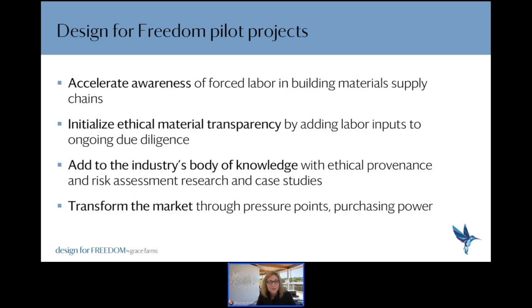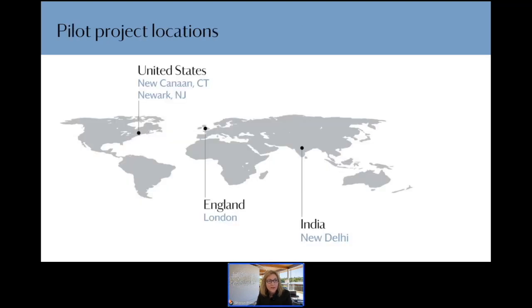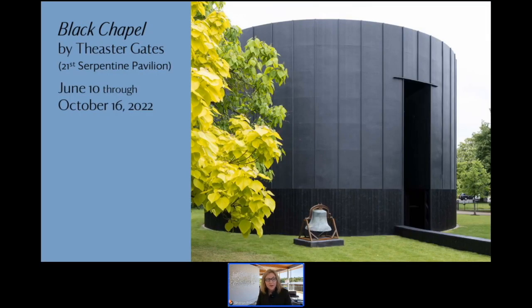And we're starting to increase the body of knowledge, even to understand where these materials are being sourced from, the ethical provenance thereof. So these pilot projects are located in the US, England, and India right now. We will be announcing a new set of Design for Freedom pilot projects at the beginning of the year.